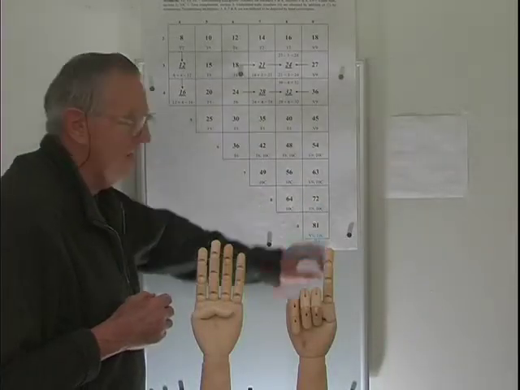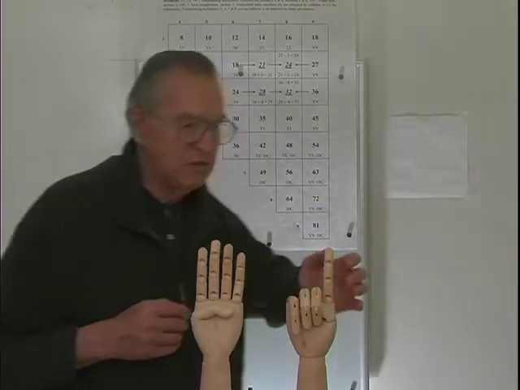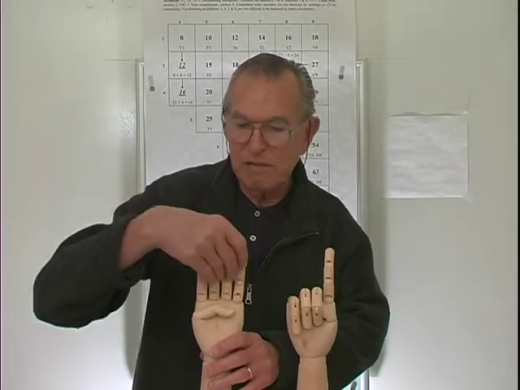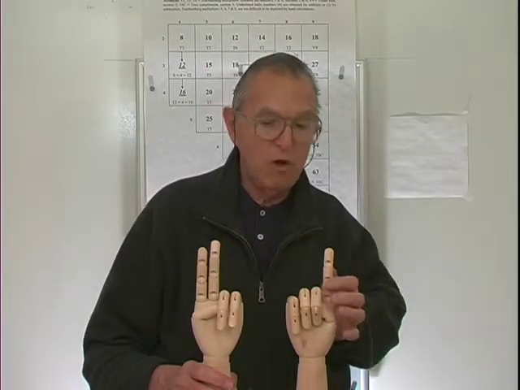8 times 9. This is already 9. And I want to make this an 8. So I want to put those two down. And this represents 9, 10. 2 extended fingers is the tens complement of 8. And 1 extended finger is the tens complement of 9. So this represents 8 times 9.